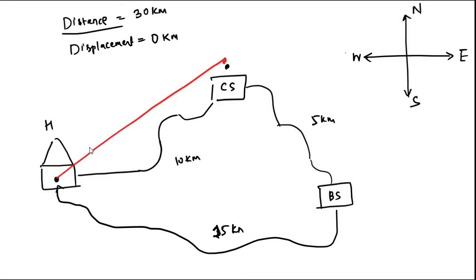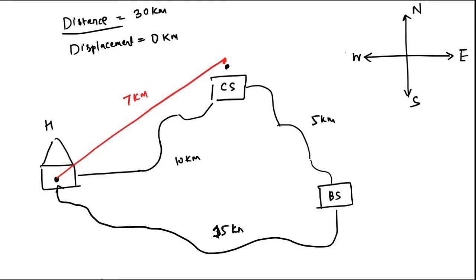And let's say the length of this line is, let's say, 8 kilometers or 7 kilometers, then that will be the displacement and the direction will be northeast. Similarly, if I say what is the displacement from here to this bookshop, let's say.